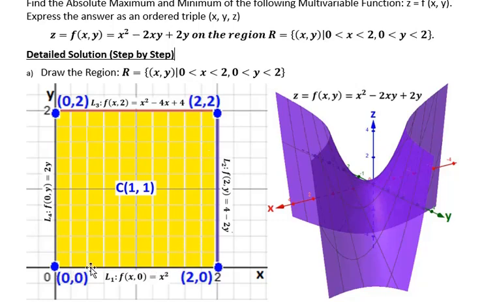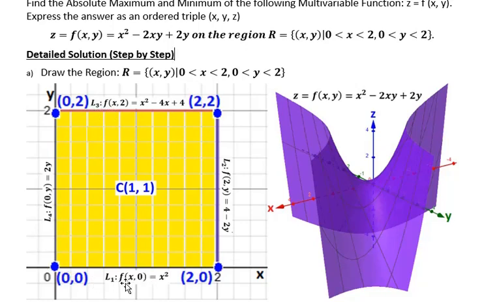At the same time, the critical values, the maximum and minimum which we are looking for, lie at the corners of the box, or at the critical values of the boundaries, or at the critical values of the function z. The boundaries are L1, L2, L3, and L4.